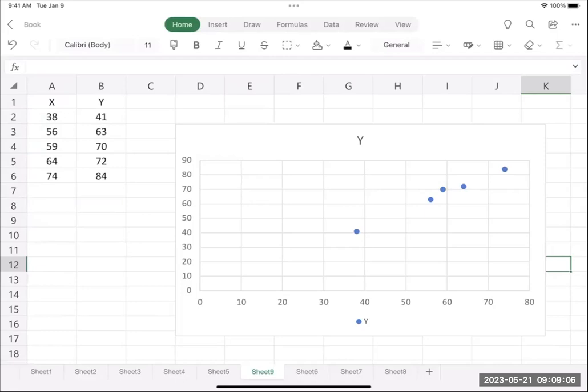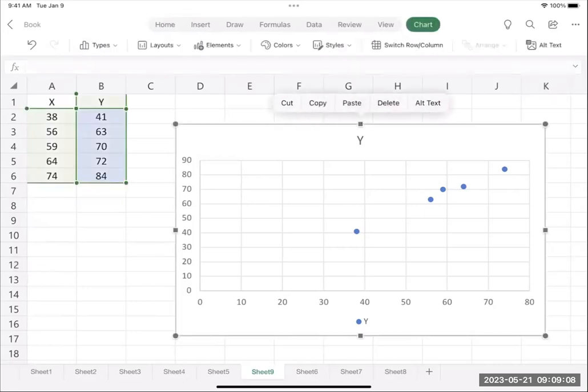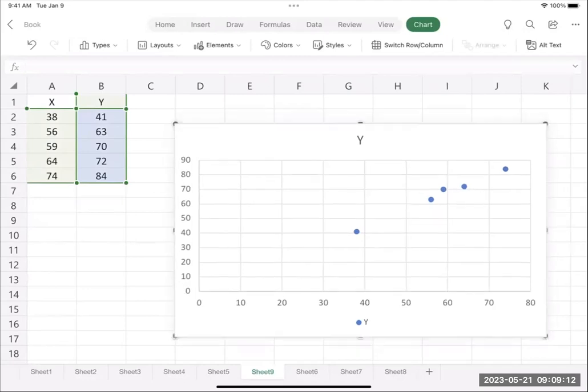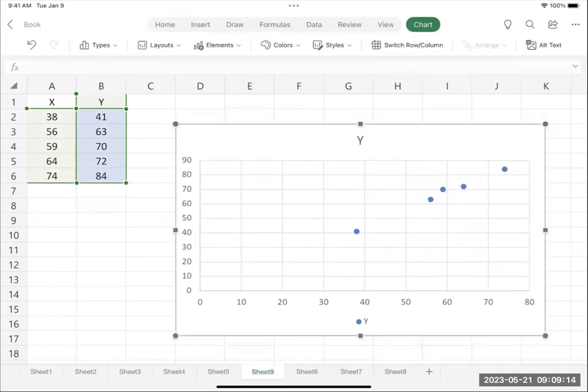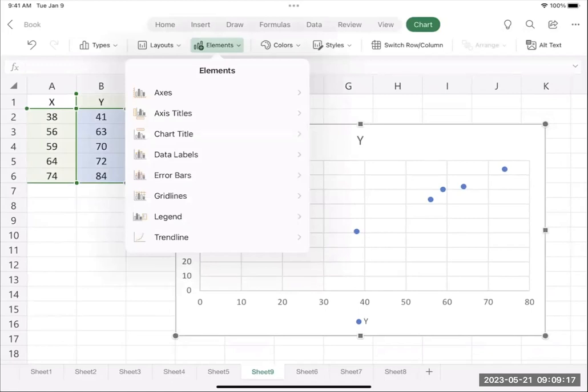All right, so what we're going to do now is we want to put the line on here. So I'm going to highlight the chart and I want to go to elements. Now in your Excel on your computer, it should be in the left corner, and you're going to say chart elements, and you're going to pick trend line.